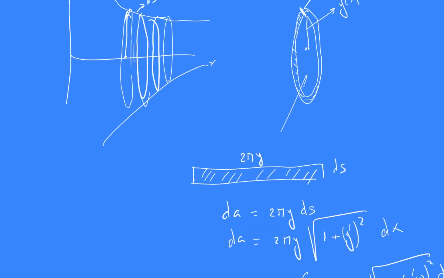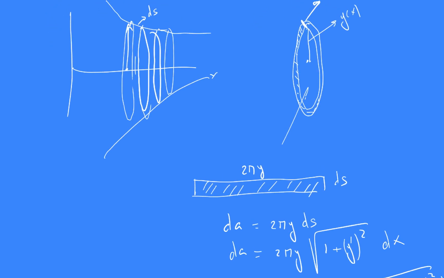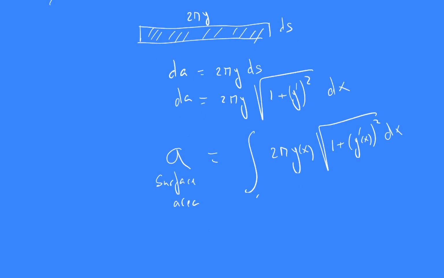And if I have to find the surface area of all these rings, 1, 2, whatever, infinity rings I will put here, between x equal a and x equal b, I will make the sum, or the integral, from x equal a to x equal b. And this is the equation that we will use to solve problems.